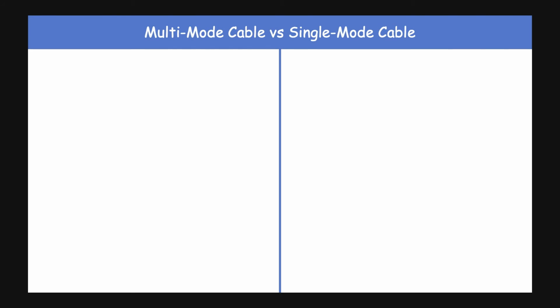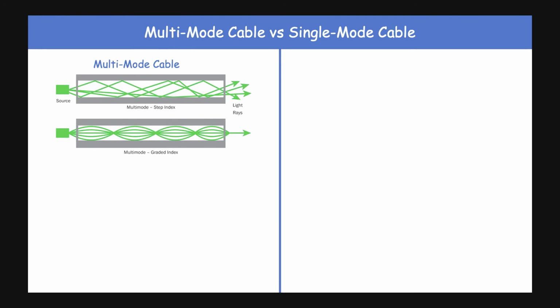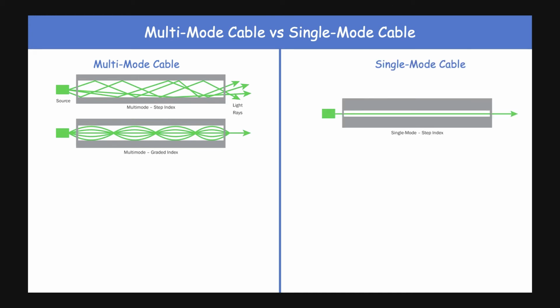There are two main types of fiber optic cables. First is multimode fiber cable, which allows multiple angles of light wave to enter the core. Second is single mode fiber cable, which has a smaller diameter core, around 1/5 the diameter of common multimode cable. A laser-based transmitter sends light at a single angle, hence the name single mode.